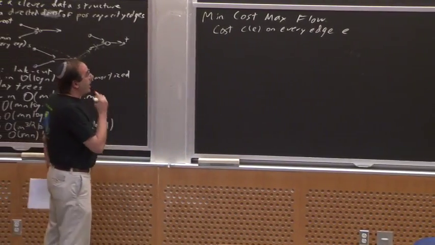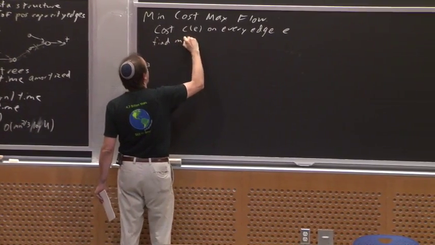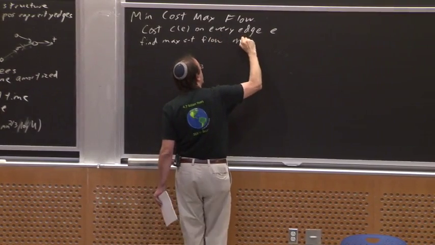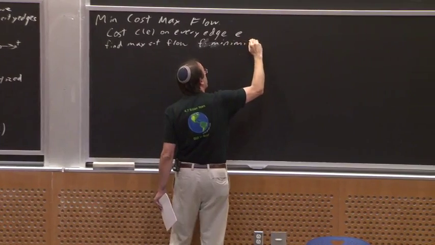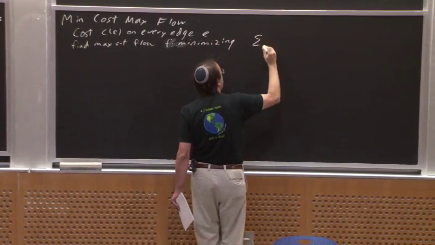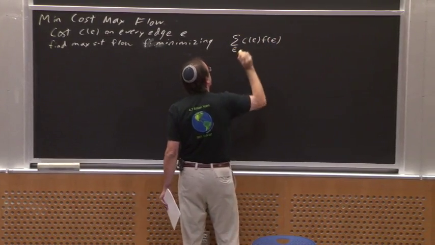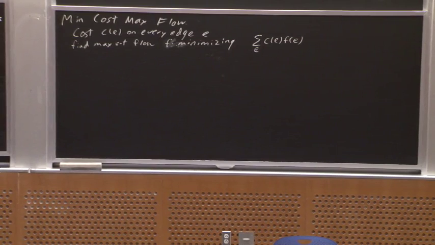And our goal now is to find a max s-t flow, let's call it f, minimizing the sum of edge cost times flow through edge. Okay. The total cost of the flow.